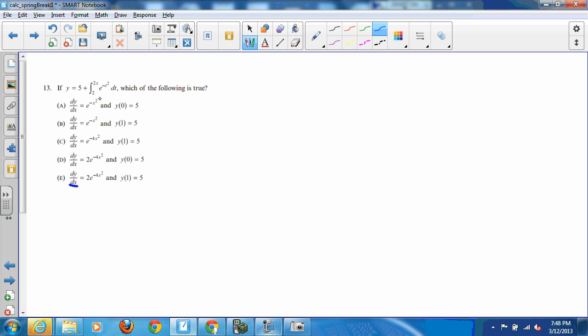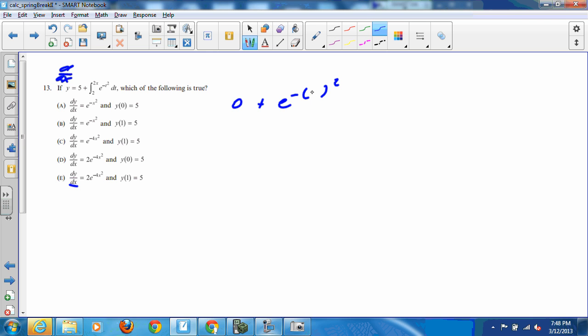That'll eliminate some of the answers. So if we take the derivative of both sides, d over dx, the derivative of 5 would be 0. And the derivative of this is just e to the minus t squared.